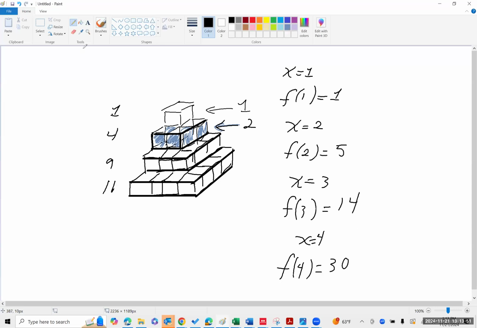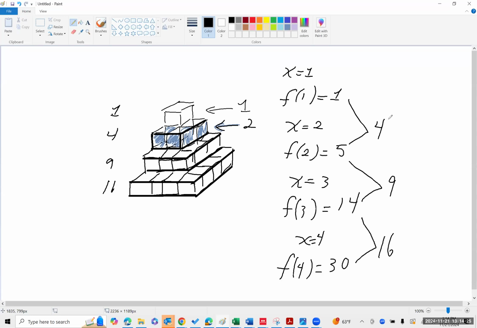So we can look at the outputs. We might as well look at them over here. If I take first differences, 5 minus 1 is 4. 14 minus 5 is 9. 30 minus 14 is 16.